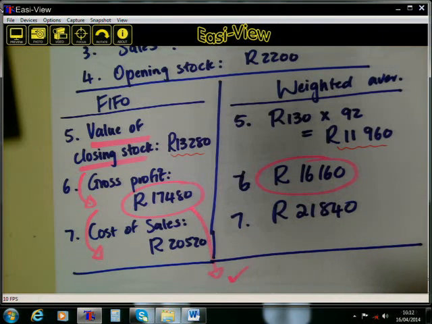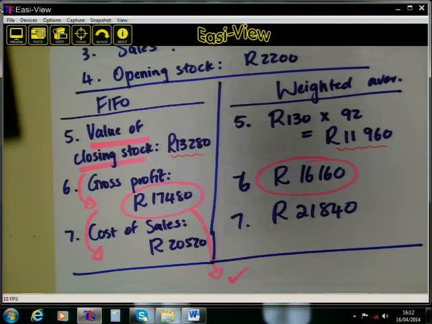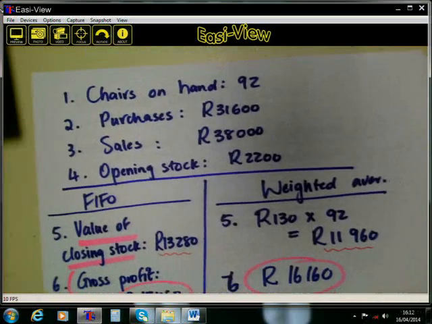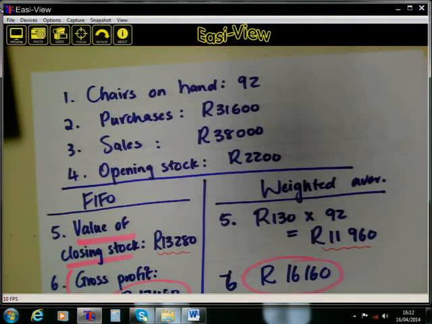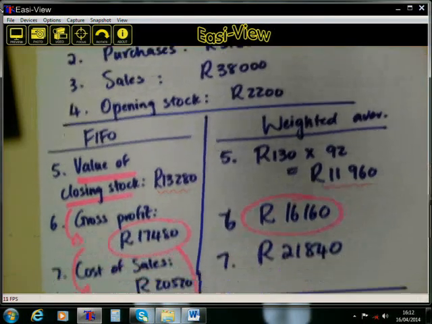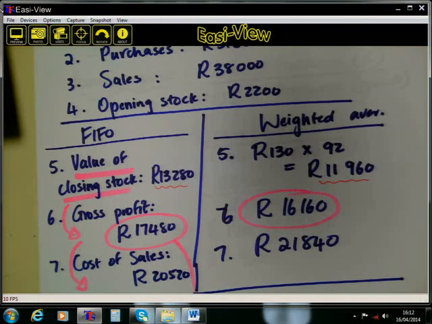You must stick to your method, because in the next year or the year after that, it's going to change again. But I want you to understand what these stock methods are. It is about information that stays the same until the moment that you work out the value of your closing stock. The moment that you work out your value of the closing stock, you use two different methods, and that's why it differs from there to there.